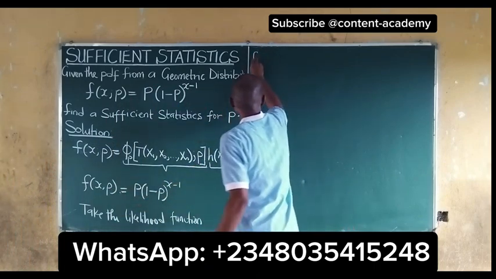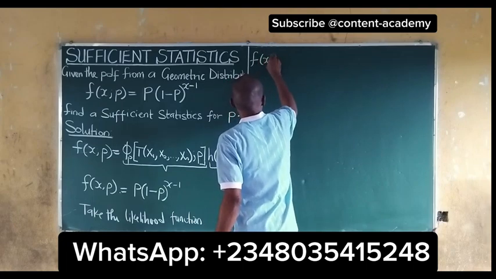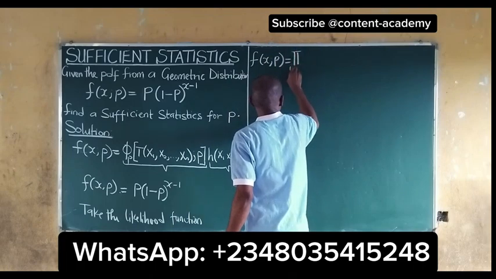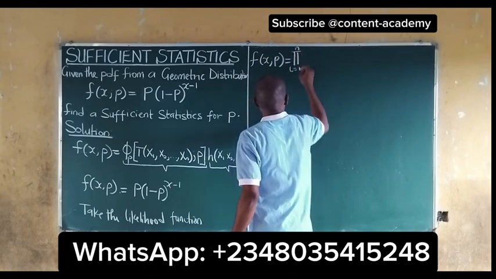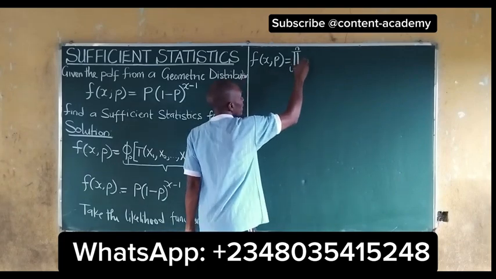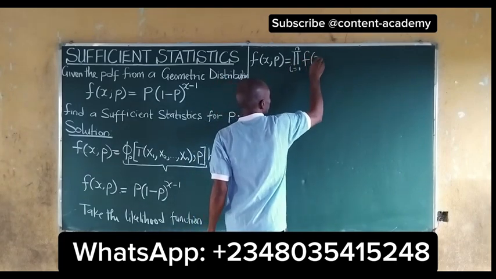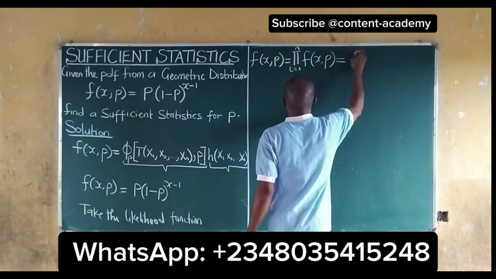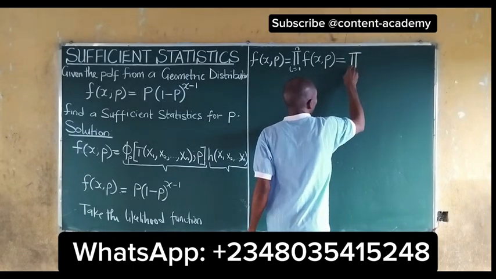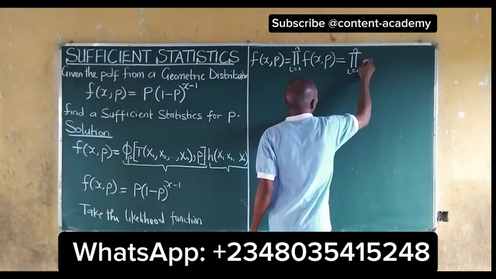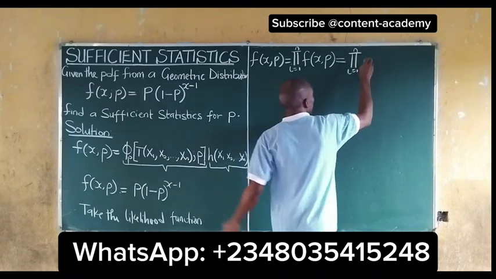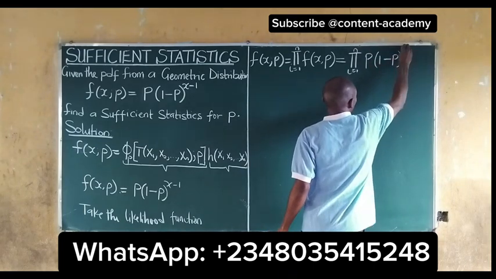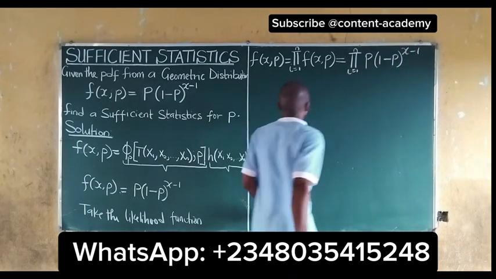The likelihood function can be written as the product, as i ranges from 1 to n, of f of x given p, which is equal to the product, i running from 1 to n, of p times (1 minus p) raised to x minus 1.